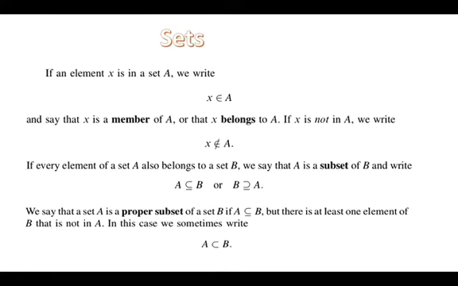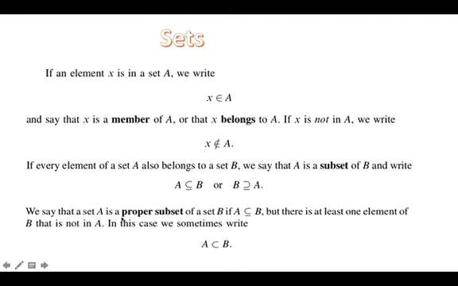If an element x is in a set A, we write x is an element of set A in this notation and say that x is a member of A, or we can say that x belongs to A. If x is not in A, we write x does not belong to A. If every element of a set A also belongs to a set B, we say that A is a subset of B and write this notation, A is a subset of B.